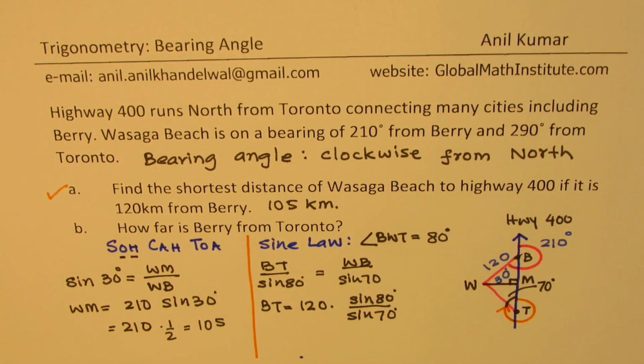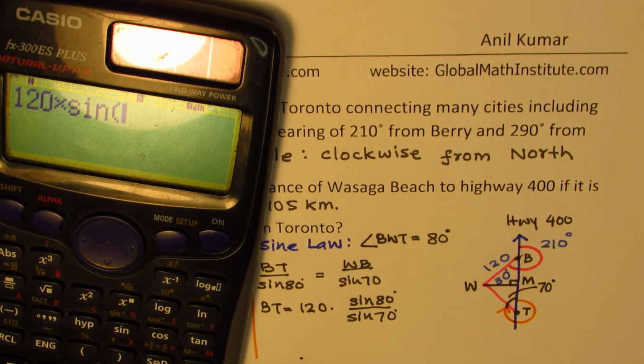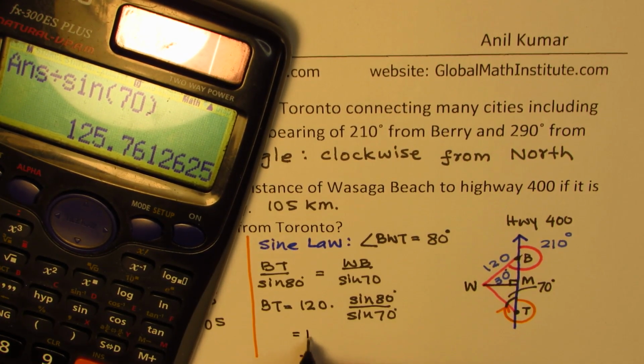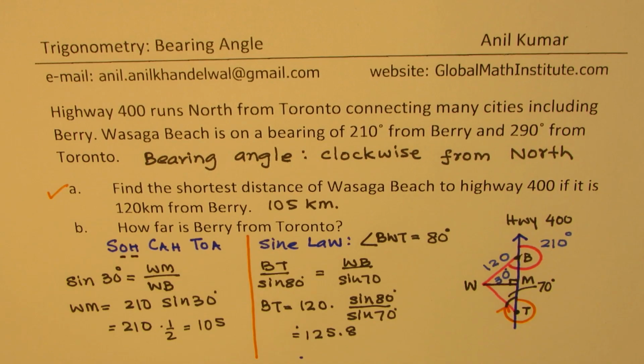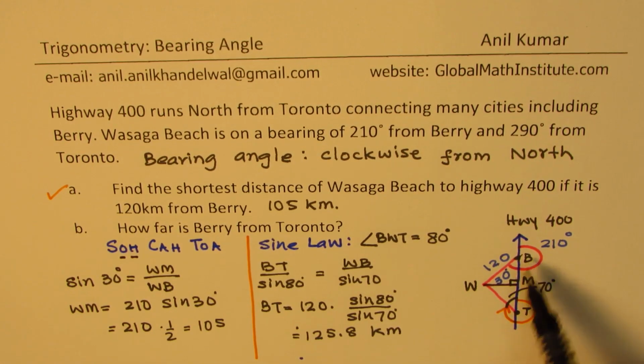So let's find this out. 120 times sine of 80 degrees, and we'll divide this by sine of 70 degrees. That is 125.76. Let's say approximately to one decimal place, so it becomes 125.8 kilometers. Is that clear? So that is how you could find the distance from T to B.